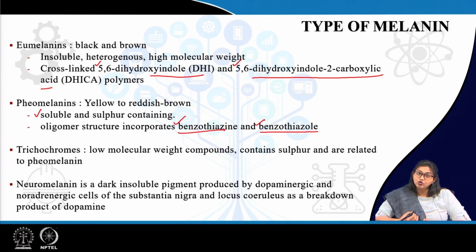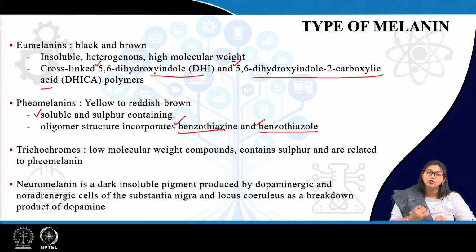Now, trichochromes are low molecular weight compounds. Remember, eumelanin and pheomelanin are high molecular weight compounds, whereas trichochromes are low molecular weight, but the features are more like pheomelanin in terms of solubility and containing sulfur. Now, apart from that, there is neuromelanin.